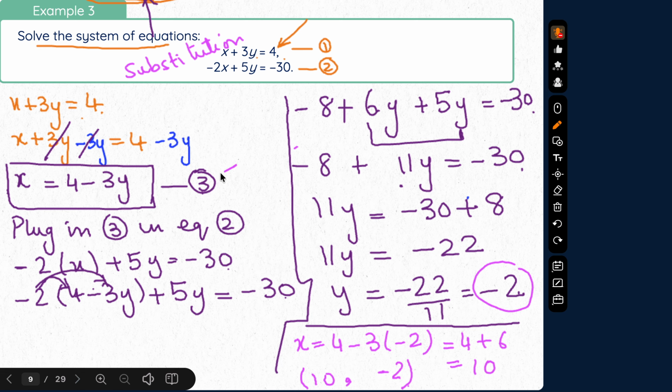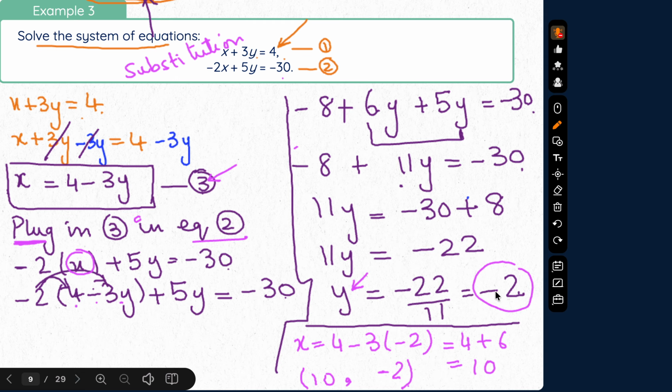Once I got the third equation, I plugged that equation into the second equation, right? Whatever I got for x, I plugged into the second equation, and this is what I got. Instead of this x, I plugged in 4 minus 3y. I solved the like terms, and this is what I got for the value of y, negative 2.